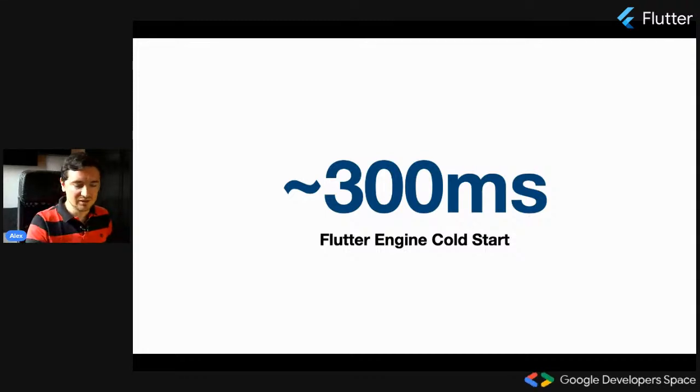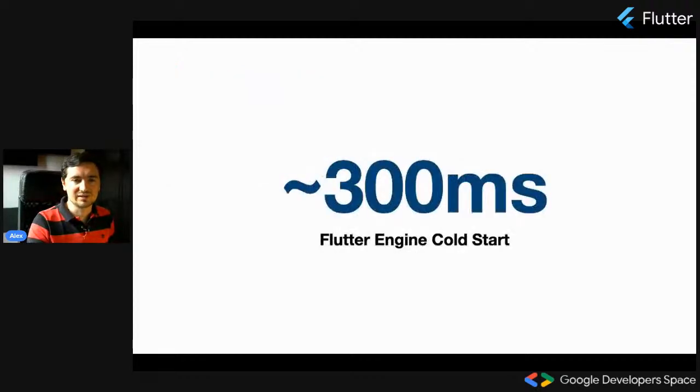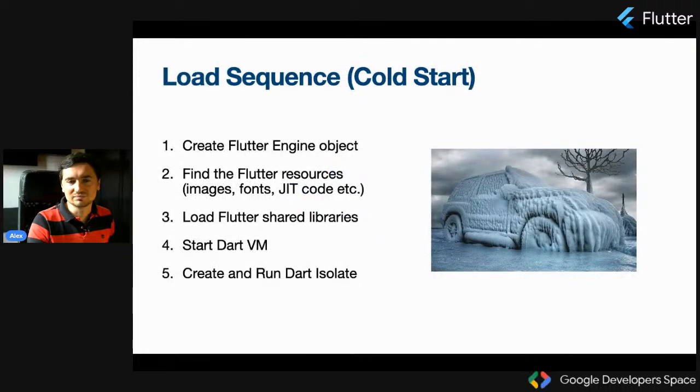So here, the solution is you want to reuse the engine between Flutter screens. If you start a Flutter screen and then you go back to native, then you start another Flutter screen, then you go back to native, every time you need to start the engine, you will have this problem.